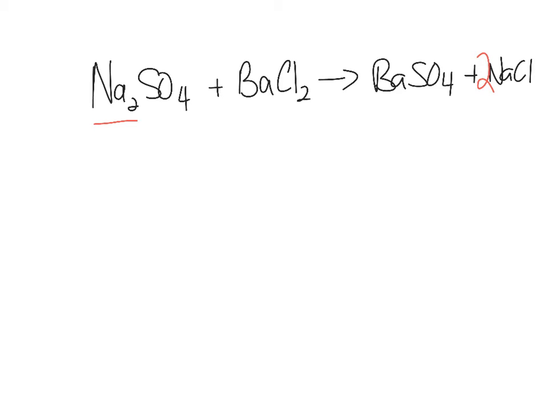I'm going to give you a hint because some of your questions are going to be a little more complicated than this. When you are balancing, treat sulfate like it's one entity. Don't break it down into sulfur and oxygen because there's one on each side, so that part is balanced.